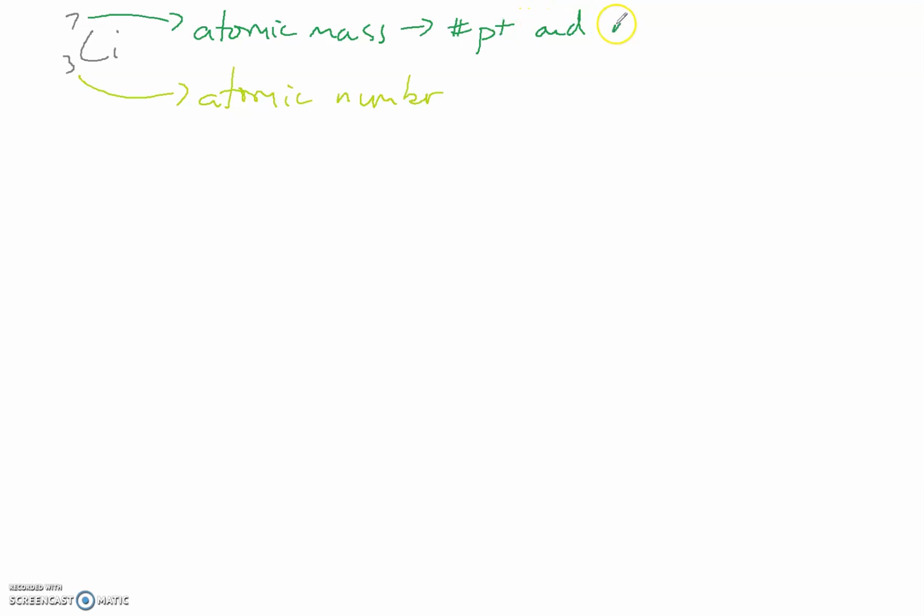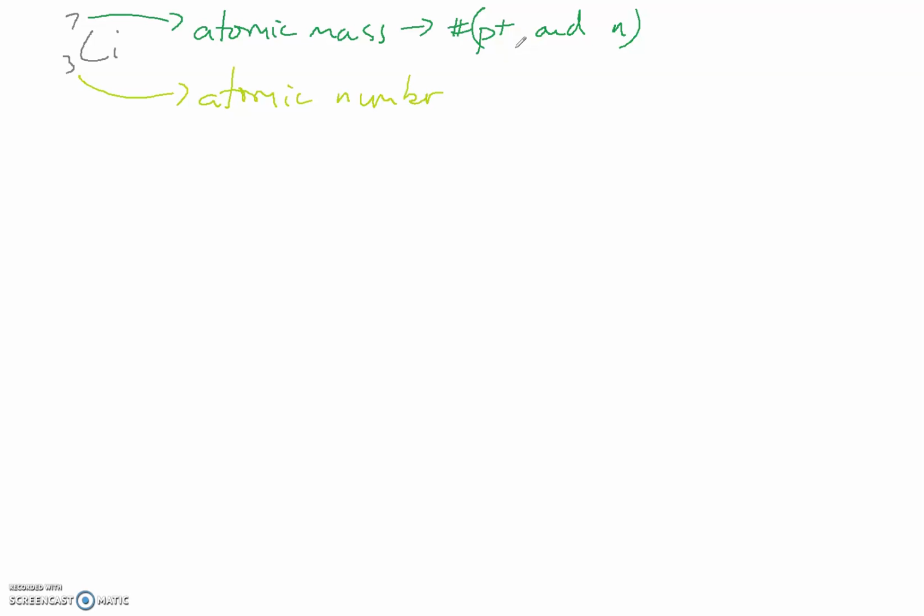So of course the top number here is your atomic mass. And of course, the one below it is your atomic number. And if we go back to what these things actually represent, the atomic mass tells you the number of protons and the number of neutrons put together.